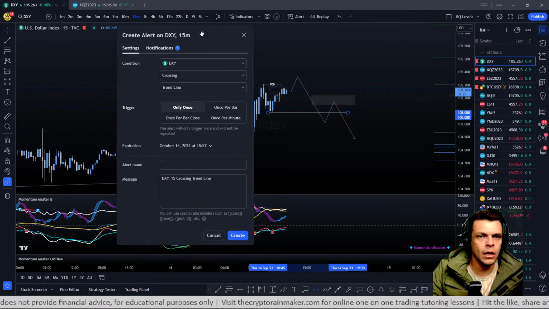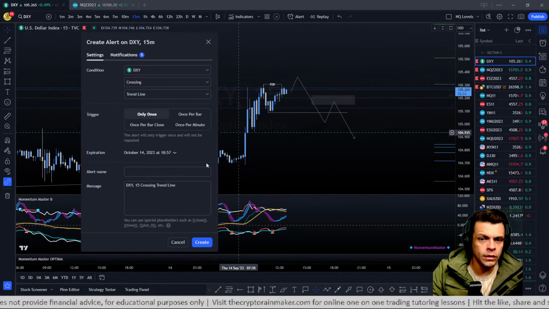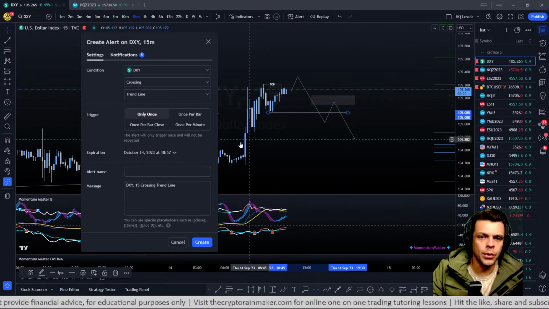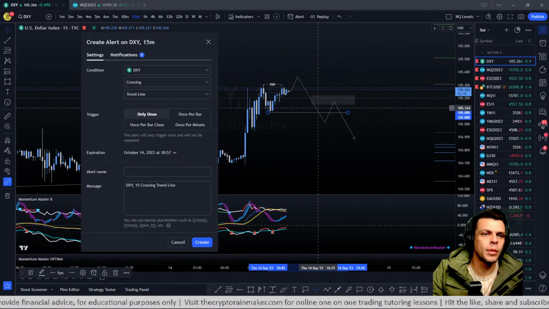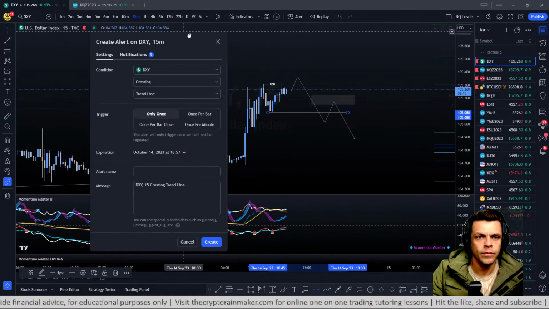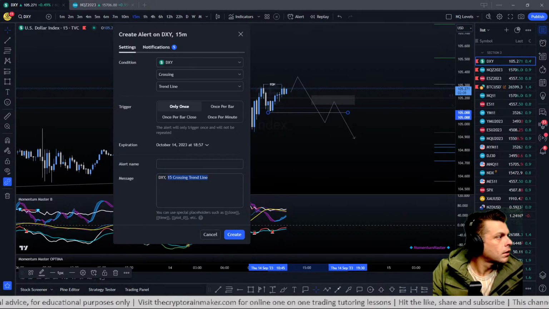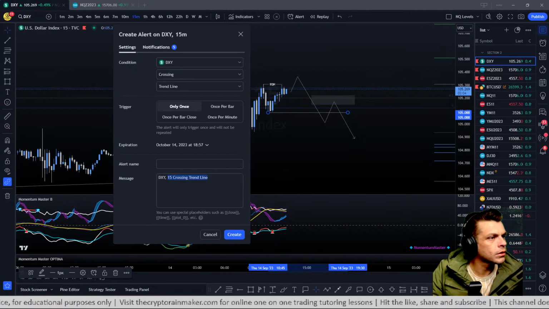So I'm gonna set this up, and this is gonna tell everyone in the Discord that the dollar is breaking from bullish market structure into bearish market structure. Okay, there's a certain format that I need to use. Just need to quickly get that.